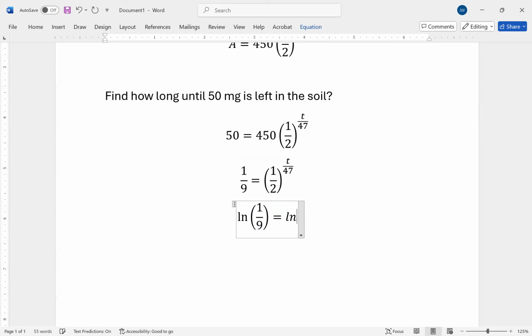And if I do that, the left-hand side becomes natural log of 1/9. The right-hand side becomes natural log of 1/2 raised to the T over 47 power.